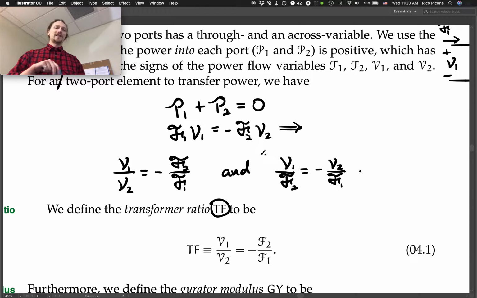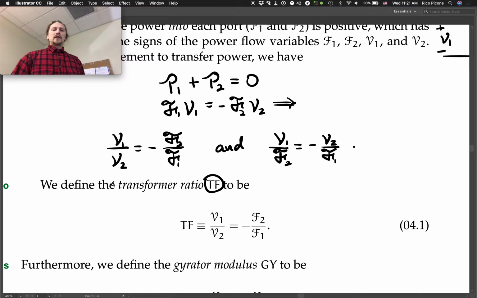Okay, so TF is one symbol. And it's a ratio of across variables, and given this power conservation argument, we know that the ratio of the across variables is equal to the negative ratio of the through variables.